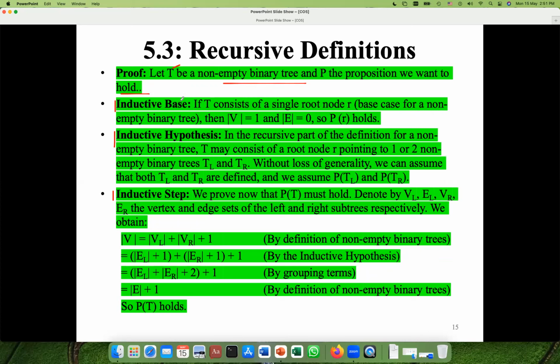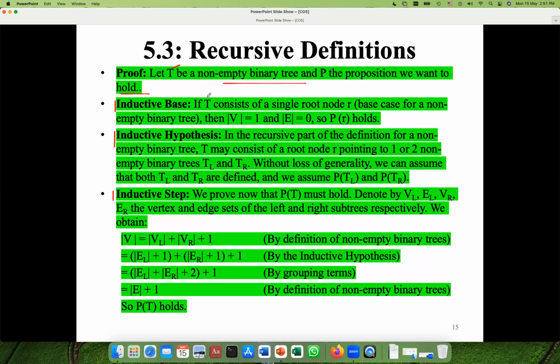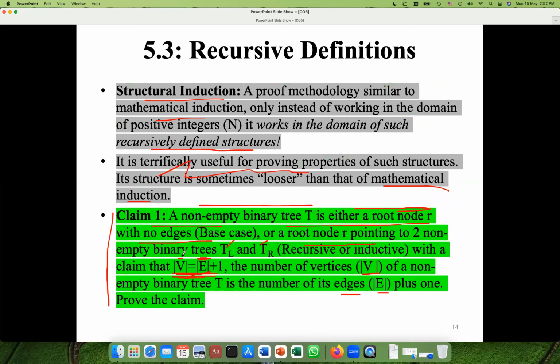What is the inductive step? Base case is when you have only a single root. So if the binary tree T consists of a single root node R, then what? We have only one node. So the size of vertices would be 1, and edges is what? 0. Put this in the claim and you will have 1 on the left hand side, 1 on the right hand side.